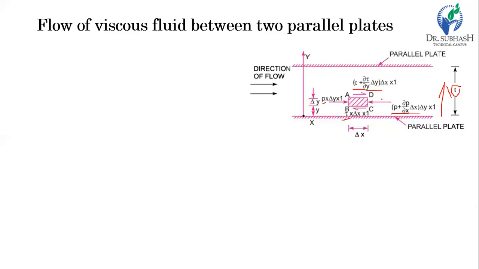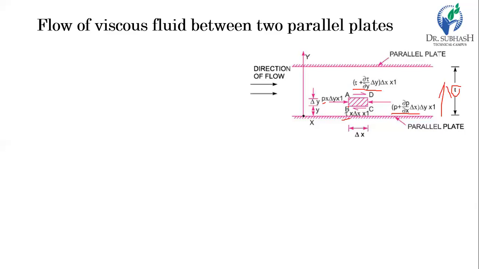But one thing you have to keep in mind is the direction of this shear stress. On BC it is opposite to the direction of the flow, whereas on AD it is in the same direction as the flow. This is because of the velocity difference between the layers adjacent to this considered elemental volume.